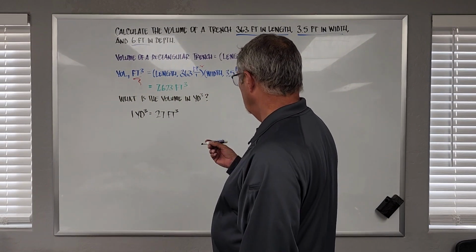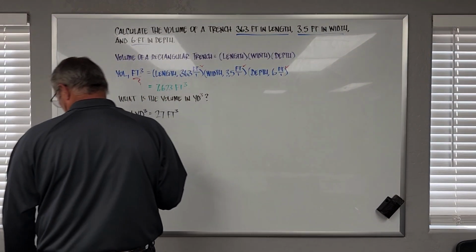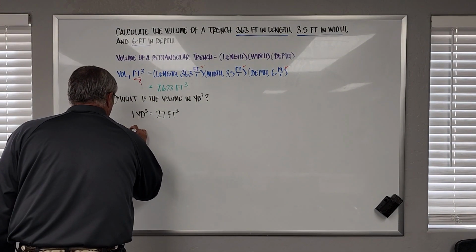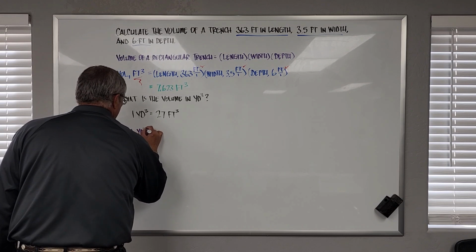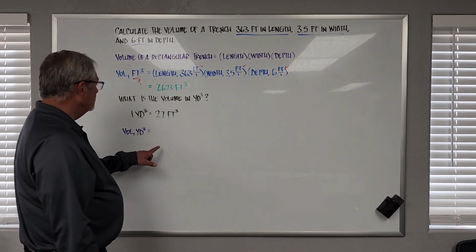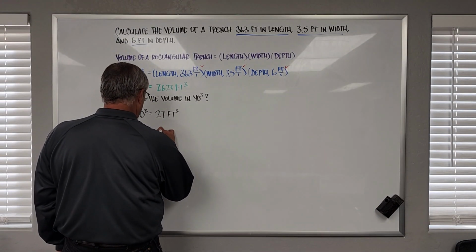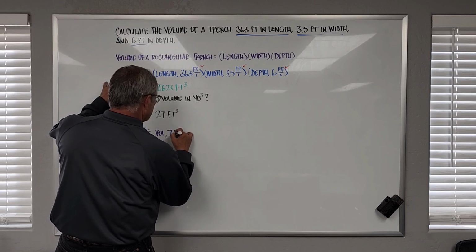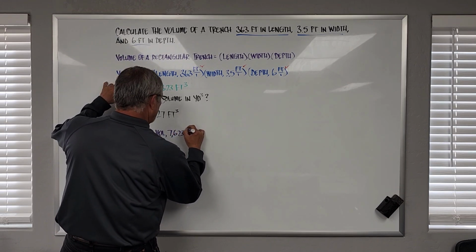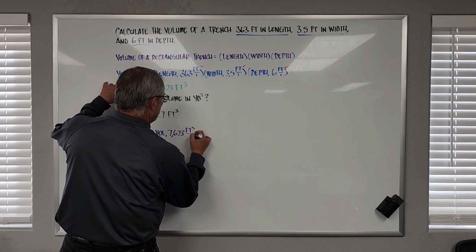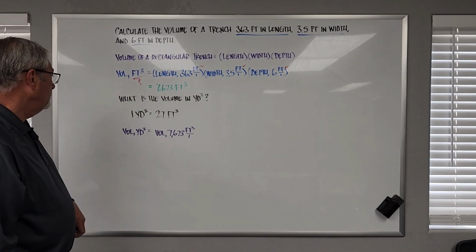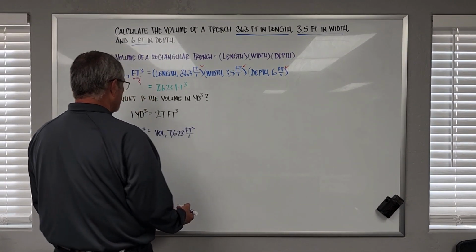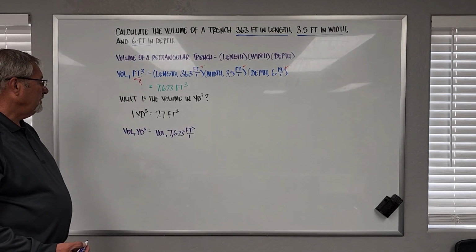What I'm trying to solve for is the volume in cubic yards. I have a volume of 7,623 cubic feet over 1. And I know that a cubic yard equals 27 cubic feet.